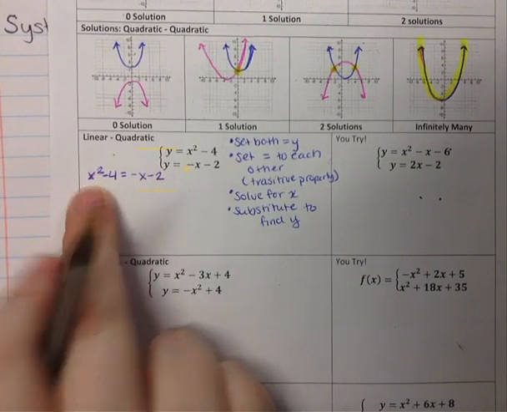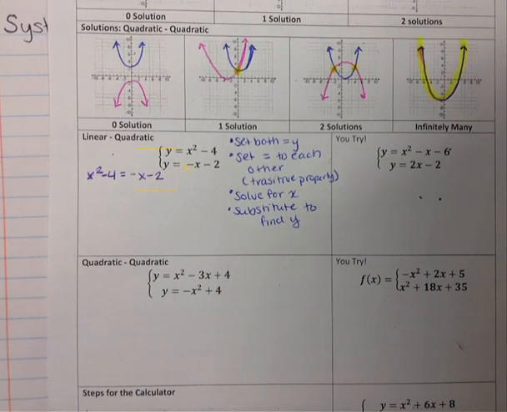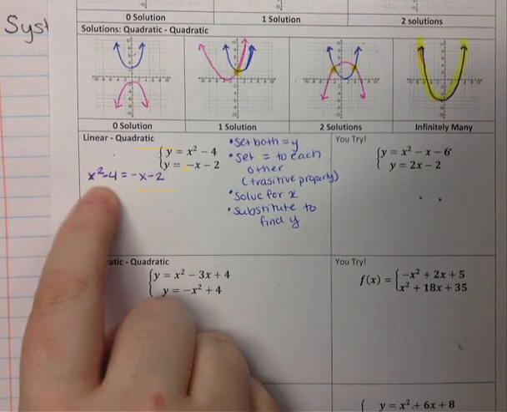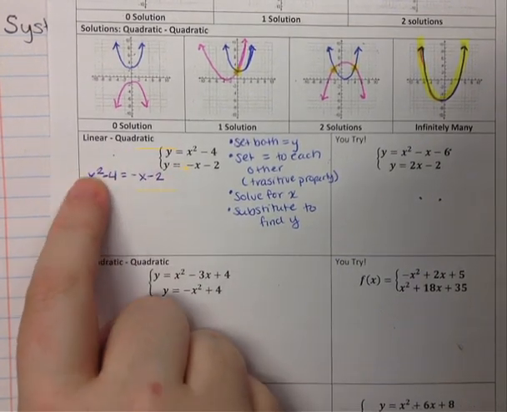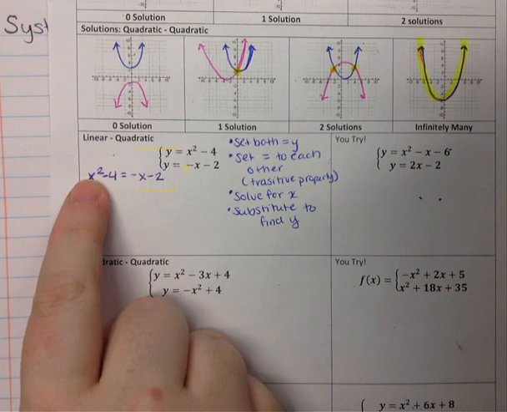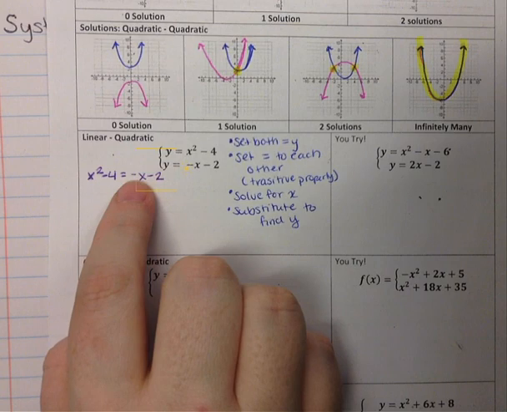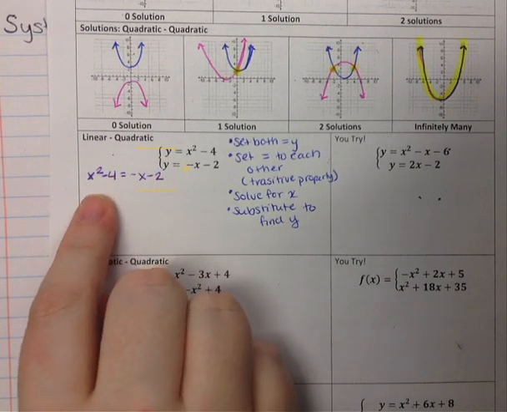Now if we look at this problem, we still have a quadratic inside of it, and a quadratic should be equal to 0 so that we can solve it. So we do want to get this quadratic equal to 0. We have a positive x squared already. We want to keep the positive x squared, so we're going to move the negative x and the negative 2 to the left-hand side.